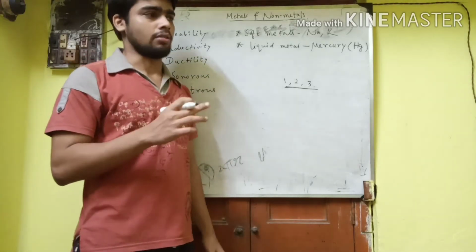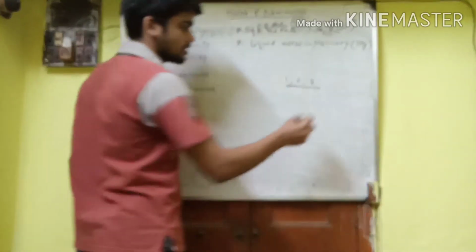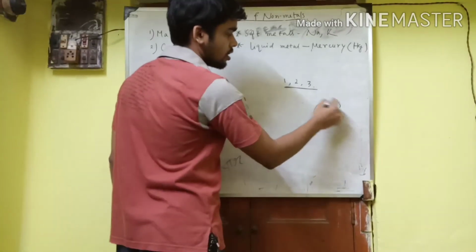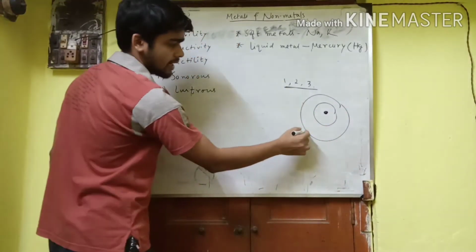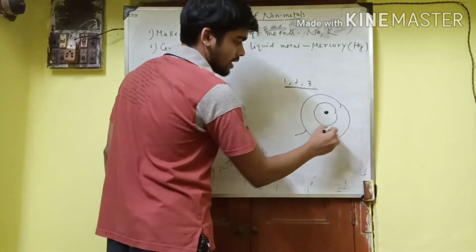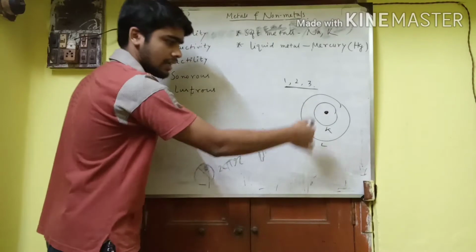Suppose this is the nucleus of an atom, and the atom consists of two shells. The shells are named K, L, M, N and so on.